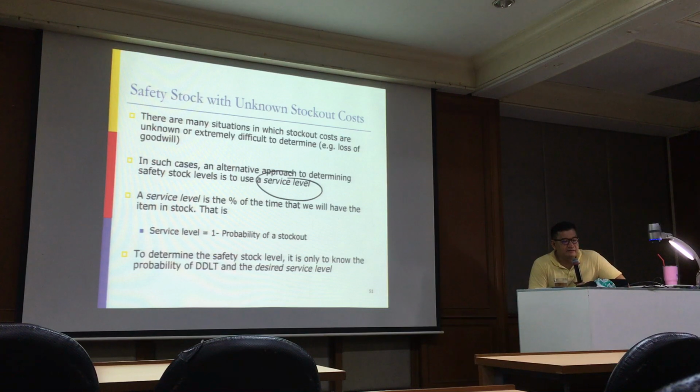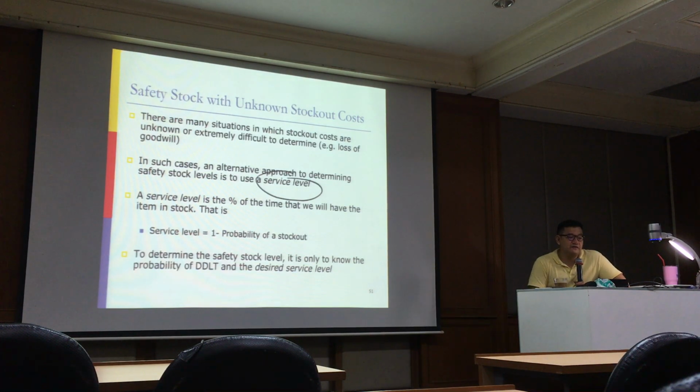Service level is the percentage of the time that we will have the item in stock provided to the customer. So if I say service level equals 90%, what does it mean? It means that you have a probability of 0.9 that you're going to have your item provided to the customer, or serve the demand.